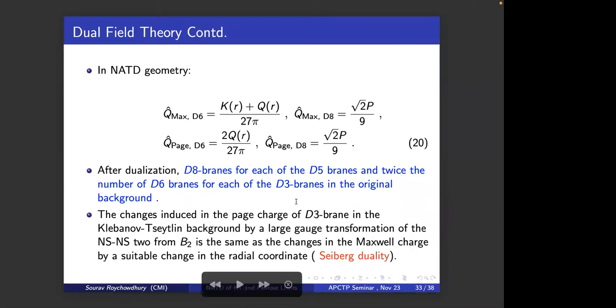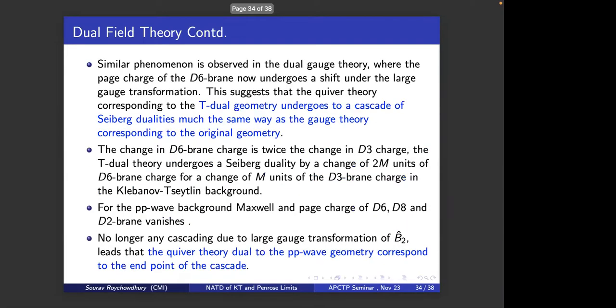The same change can be observed in the Maxwell charge for the D5 brane by a suitable change of the radial coordinate. This is the geometric reflection of the Seiberg duality in the original compactification. However, the Swansea people have observed the same Seiberg duality geometrically in the T-dual sector, but here, instead of D3, the role is played by the D6 brane.